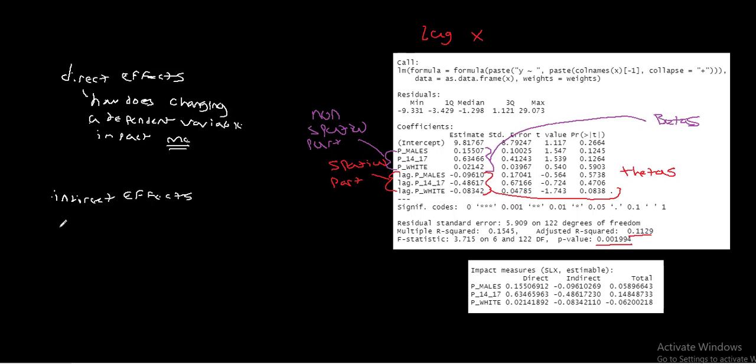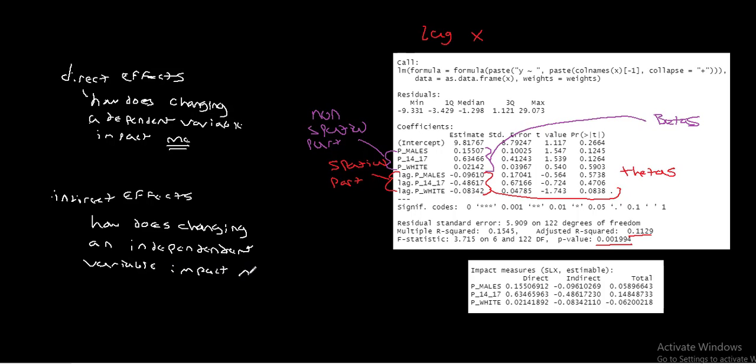The indirect effect is how does changing an independent variable impact my neighbor. That's why these indirect effects are linked to the spatial part, which are linked back to that lagged mean.